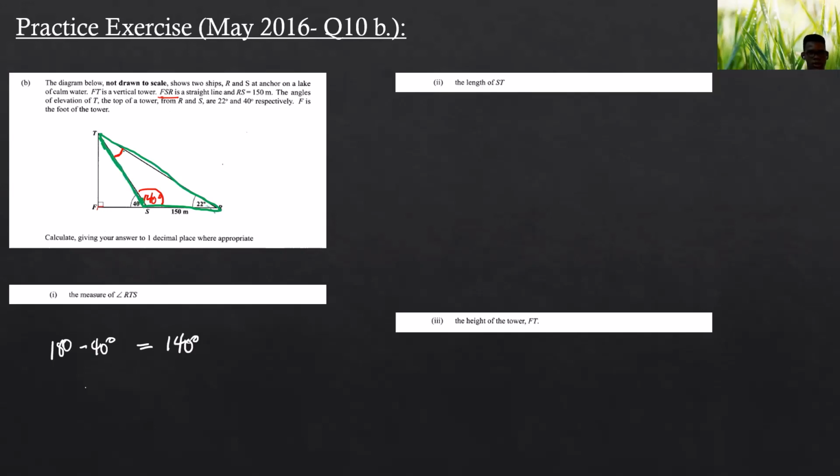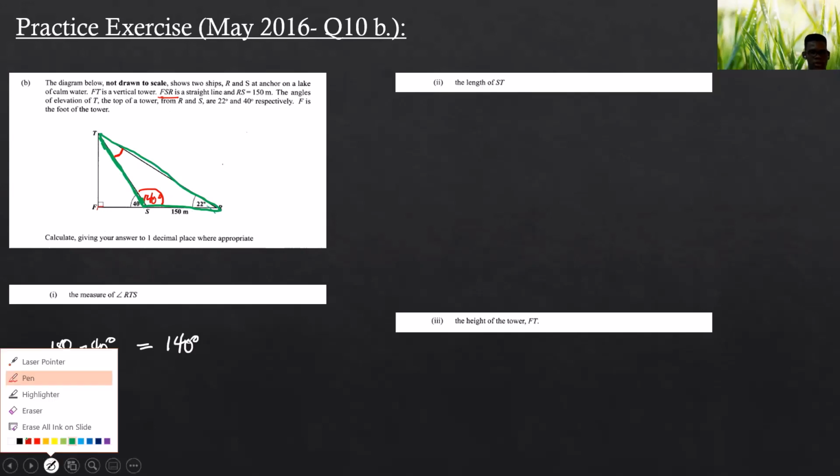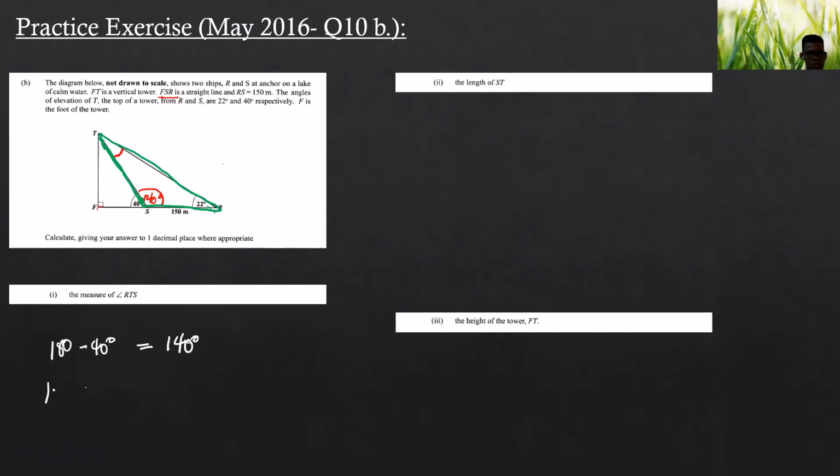Now you would be able to calculate this angle here because it's within a triangle of which we know two of the other interior angles. We know the interior angles of a triangle sum to 180. So you can add the two known angles and subtract that from 180 to get our angle RTS.